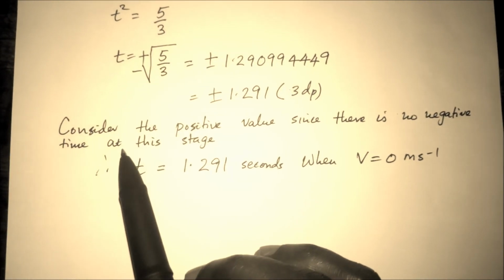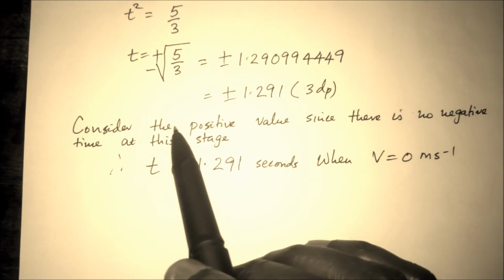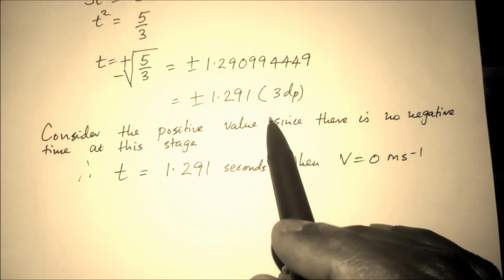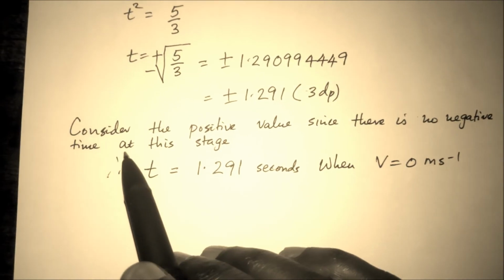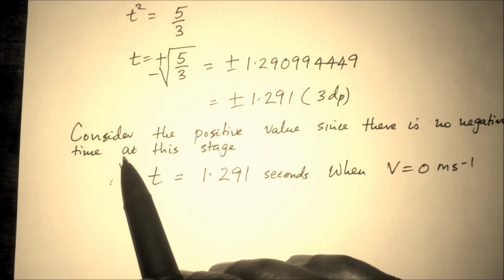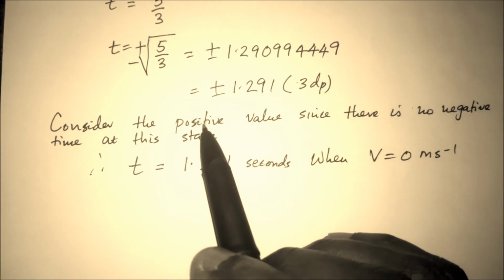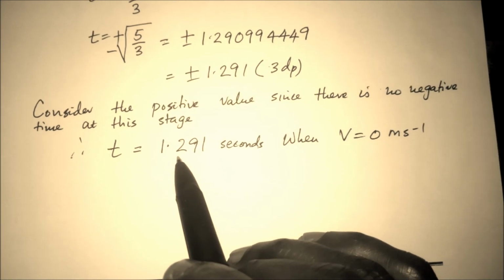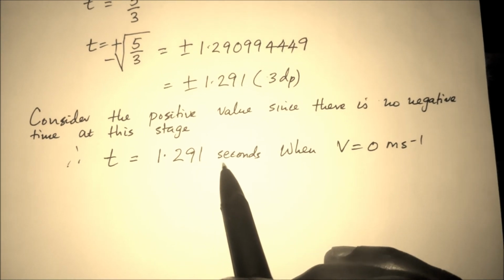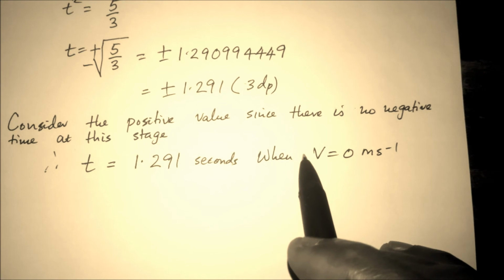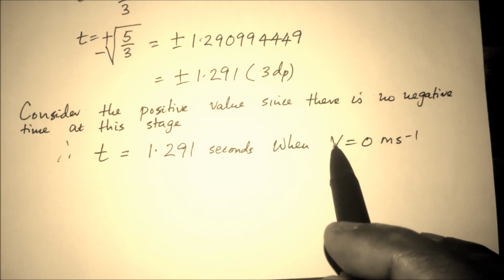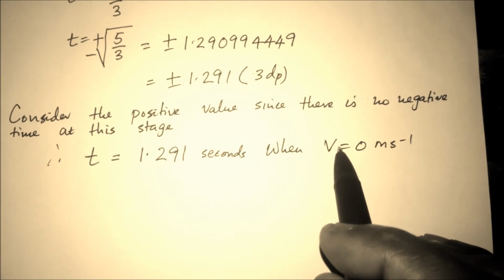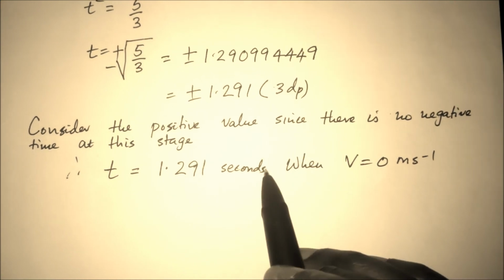So it is important to state that we only consider the positive value because there is no negative time concept at this stage. So t equals 1.291 seconds when v equals 0, when the value of v is equal to 0 meters per second.